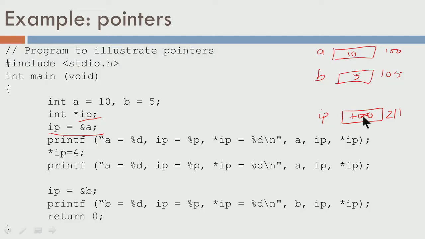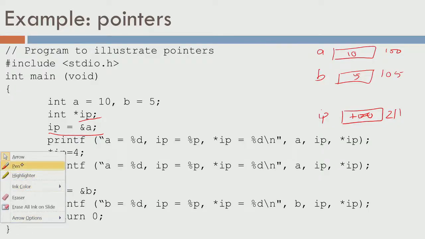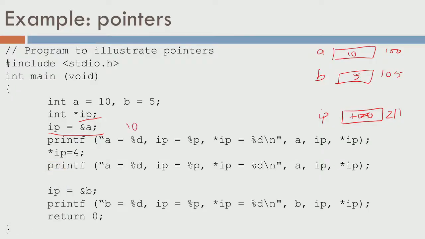The address stored in ip is 100, and the contents of 100 is 10. So, this printf statement is expected to print 10, then 100, and then 10 as well.